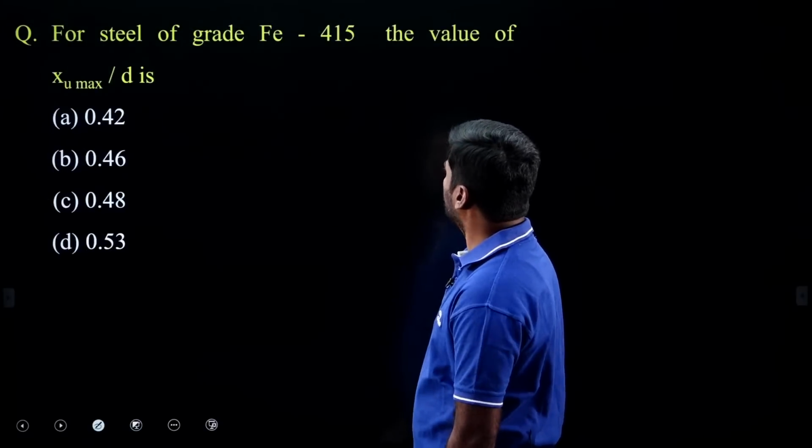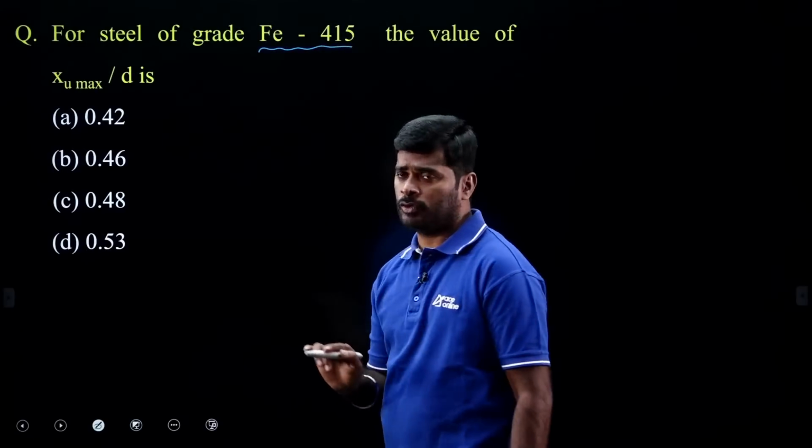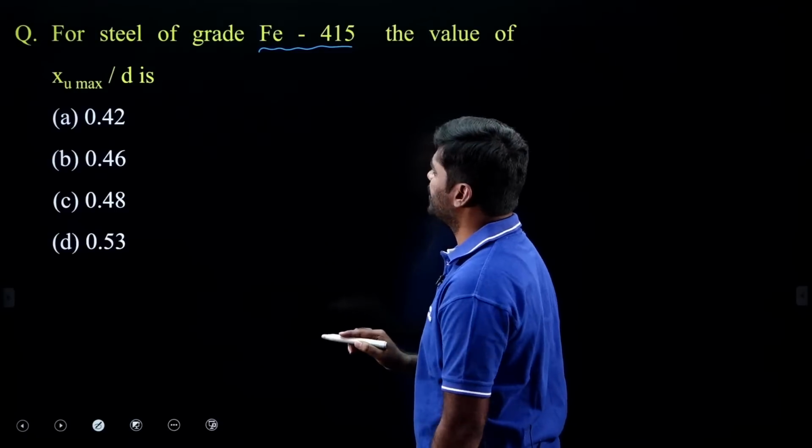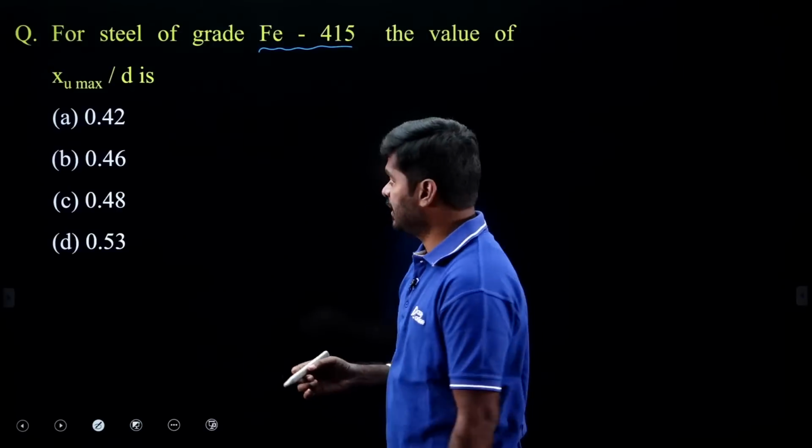For steel of grade Fe415, the value of XU max upon D, where XU max is the limiting depth of neutral axis.